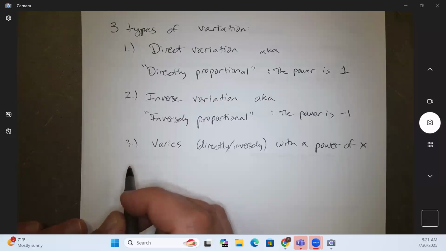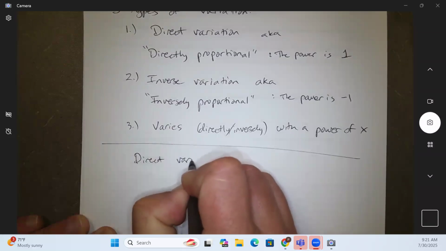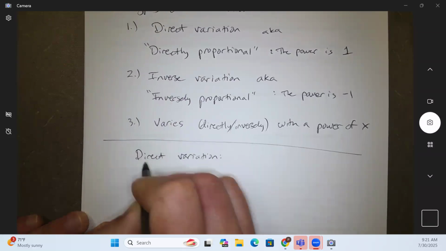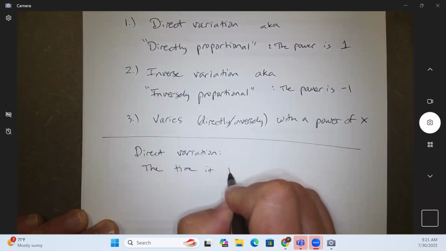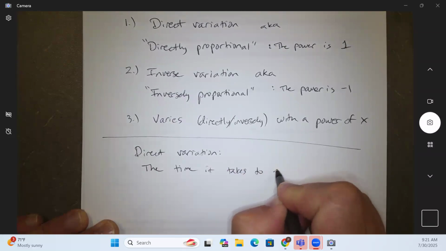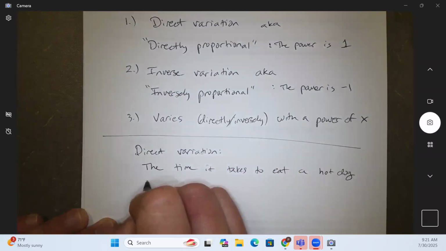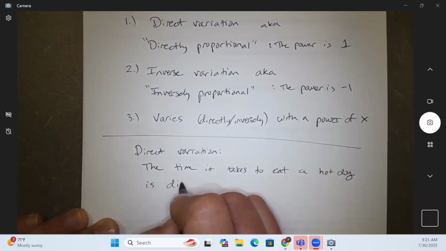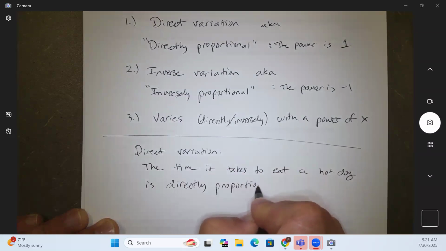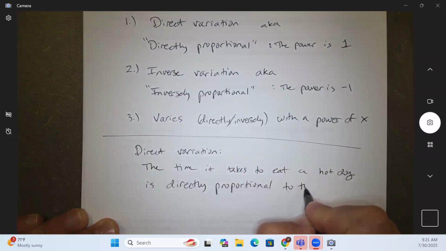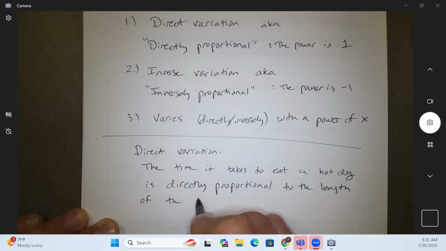So let's look at each of these in turn. So direct variation. The time it takes to eat a hot dog is directly proportional to the length of the hot dog.